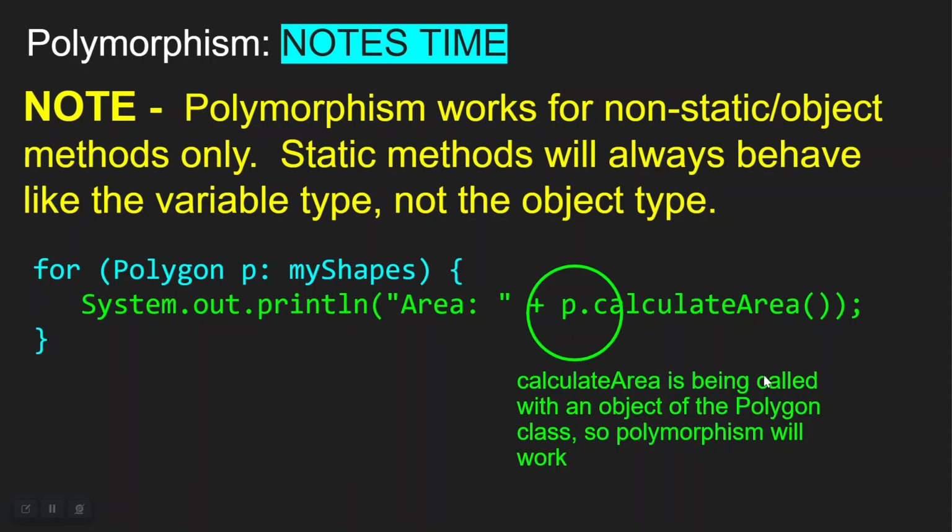Calculate area is being called with an object of the polygon class, so polymorphism will work. But if it was a static method, you would have to call it with the class, and static methods always will behave like the variable type, not the object type.